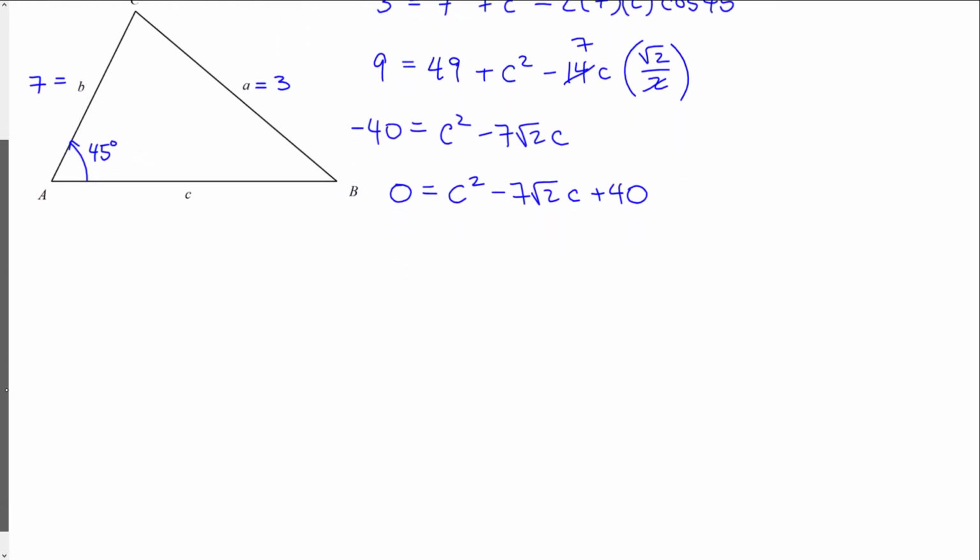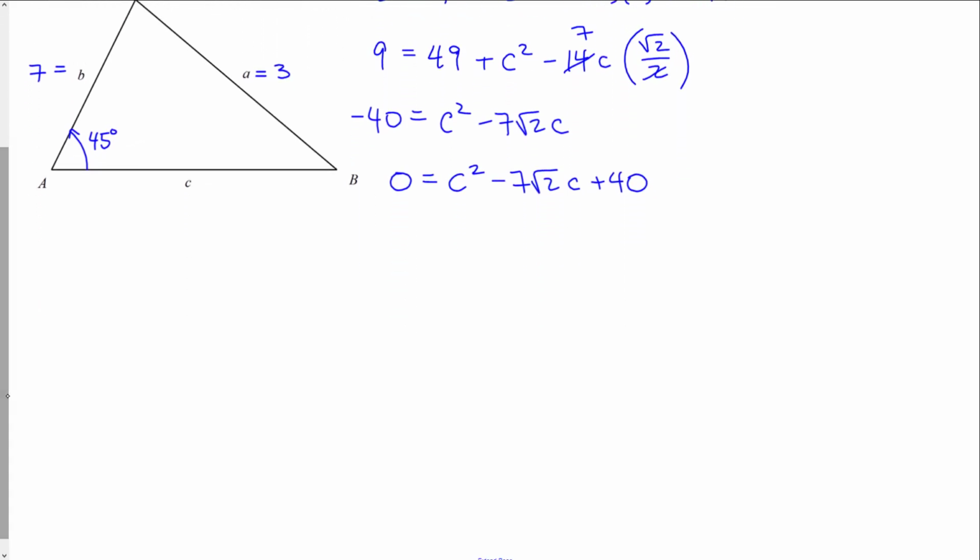let's say we use the quadratic formula, for instance. Remember, the quadratic formula is x equals negative b plus or minus the square root of b squared minus 4ac all over 2a. Then let's see what happens if we apply this.